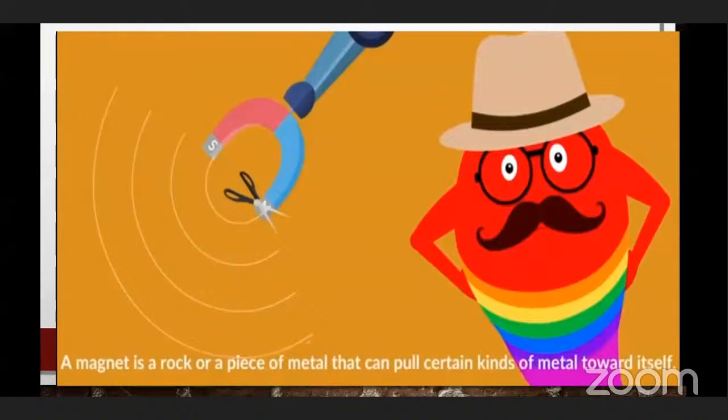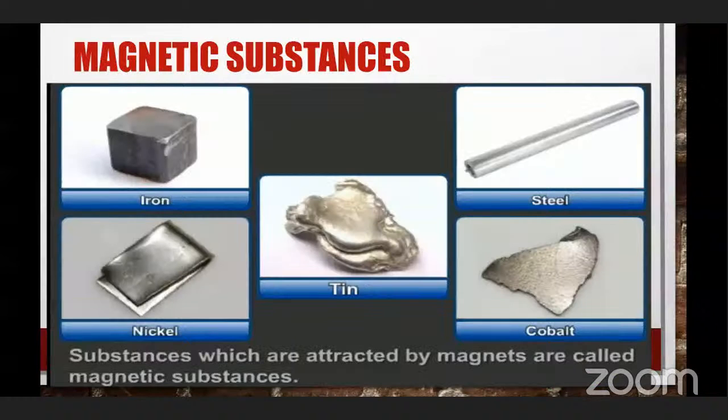Now we will see which are magnetic substances and which are non-magnetic substances. Substances which are attracted by magnets are called magnetic substances. Here are some examples: iron, nickel, tin, steel, cobalt.